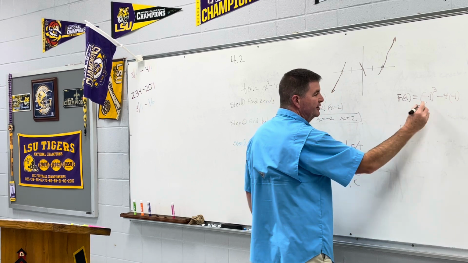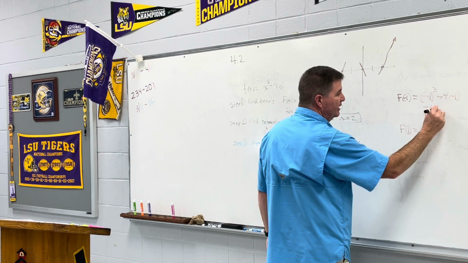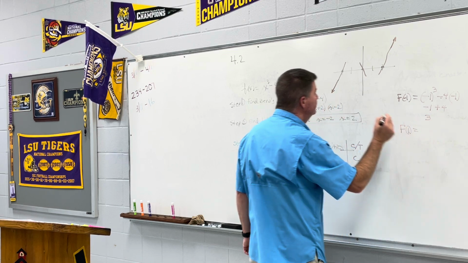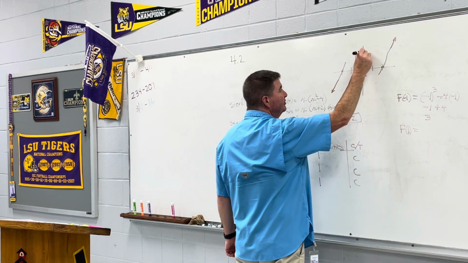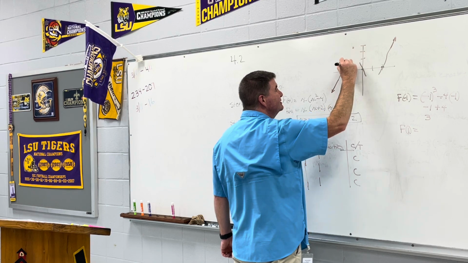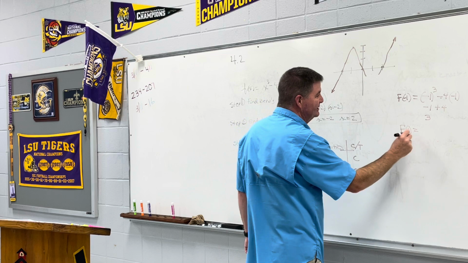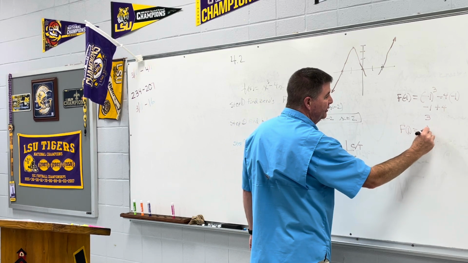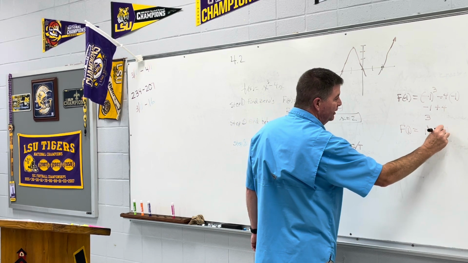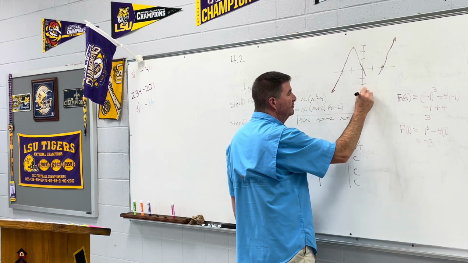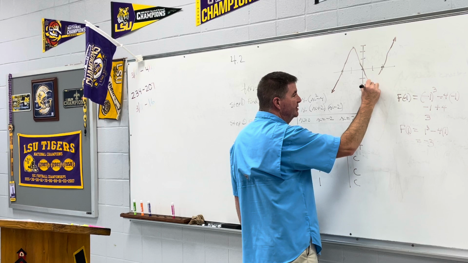So it's -1 plus 4, which gives you +3. So at -1, it goes all the way up to +3. That's where it's making its turn, coming back down. And then at +1, I have 1 to the third minus 4 times 1. That gives me -3. So it goes down to -3. That would be where it's making a turn.